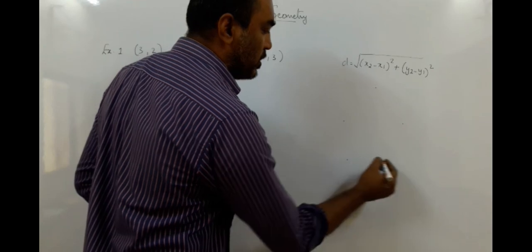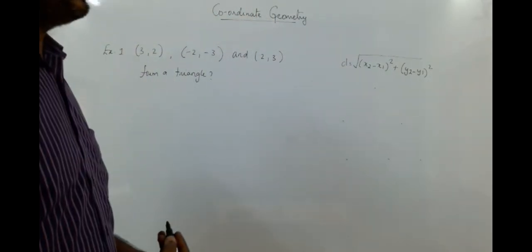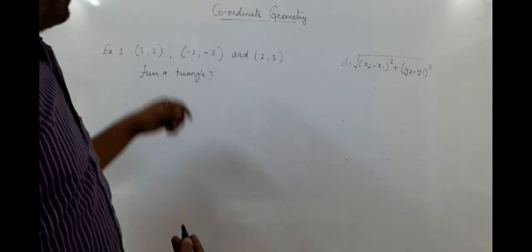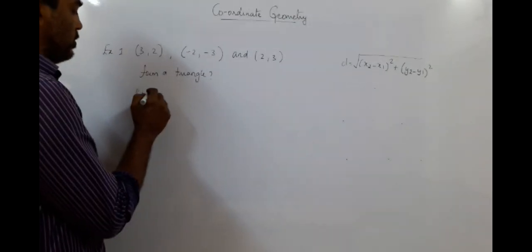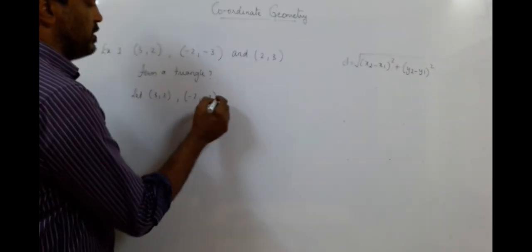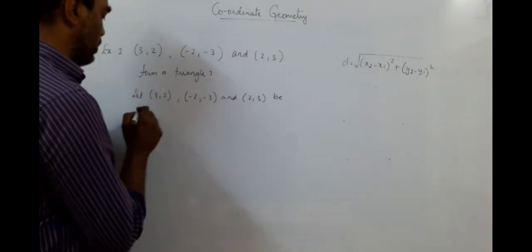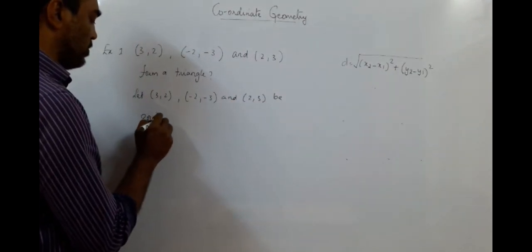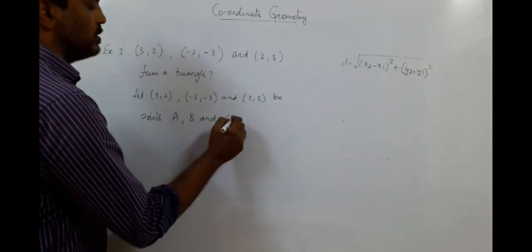And if the 3 points are collinear, they will not form a triangle. So what I will do here, let 3, 2, minus 2, minus 3 and 2, 3 be points. I have to name them. So let us call them A, B and C respectively.